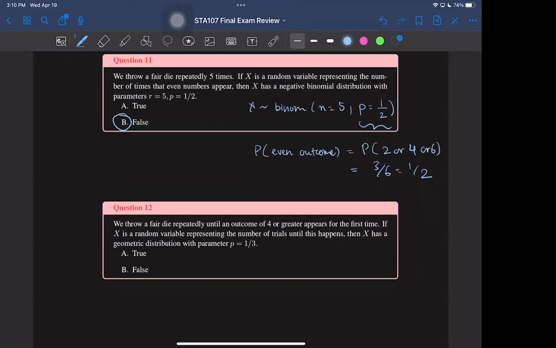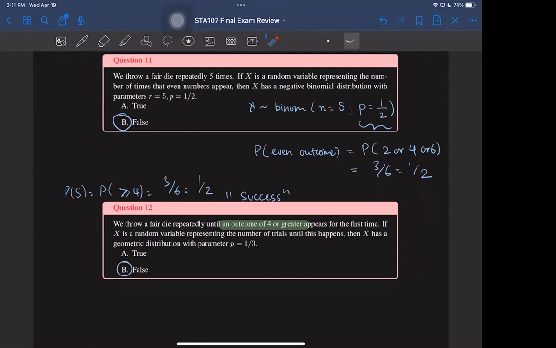I'm glad that everyone chose false, because here we throw a die until an outcome of 4 or greater appears. So we define that when we get an outcome of 4 or greater, it means we get a success. So the probability of success would be the probability of getting 4 or 5 or 6, which is 3/6 or 1/2.